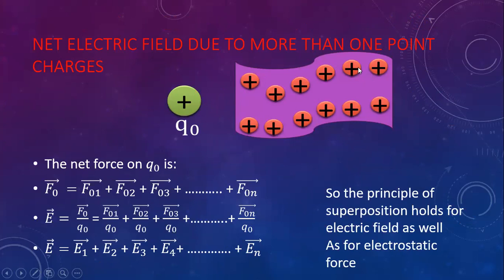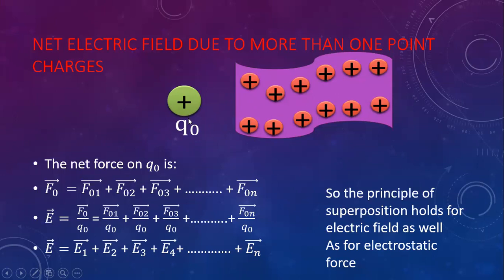So if we want to find the electric field, we will use the same method as we discussed in our previous lecture for finding the electrostatic force for many charges. We will place a test charge Q naught at some distance r from this sheet, and in the first step we will find the force acting on this charge Q naught due to each charge separately.